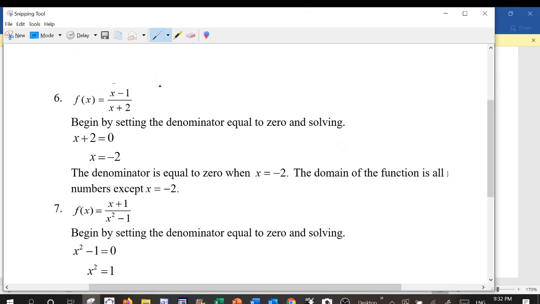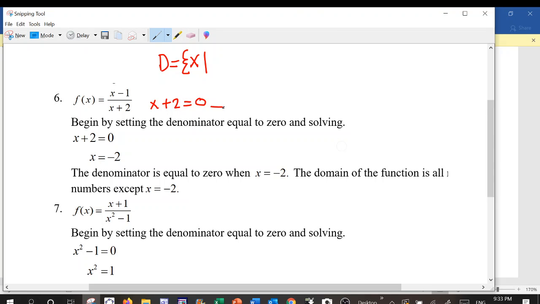The domain of a rational function is all real numbers except those that make the denominator 0. So you can write the domain as the set of x values such that x plus 2 cannot be 0.